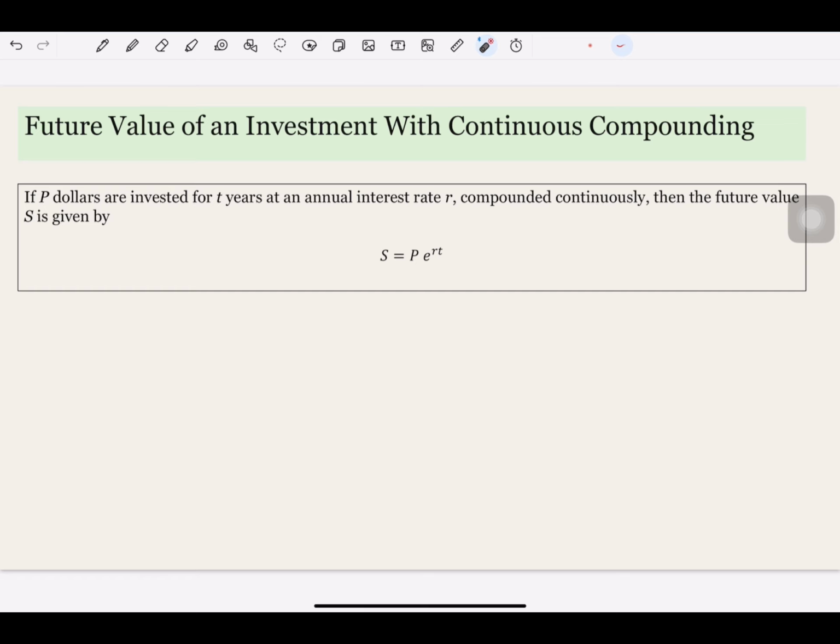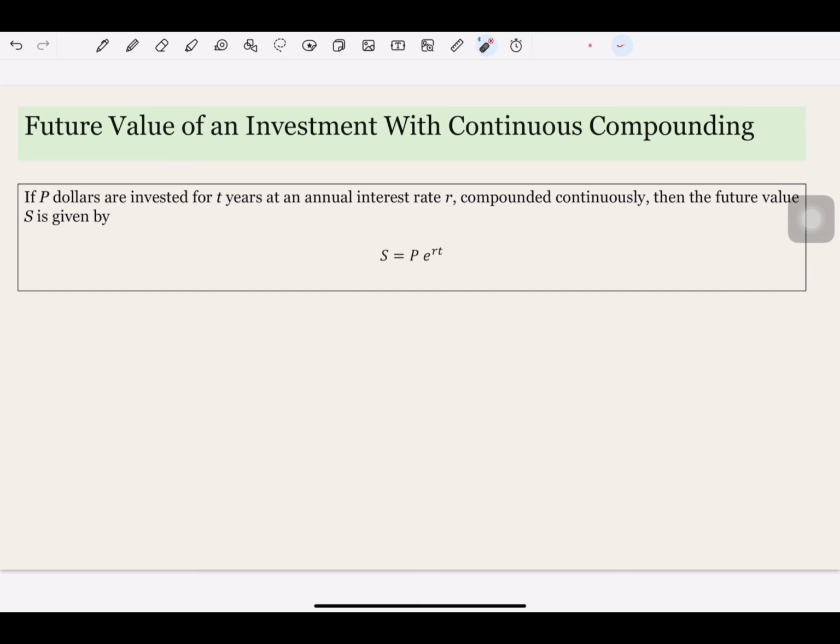Okay, so now let's talk about the future value of an investment with continuous compounding. When interest is compounded continuously, we use a special exponential formula that involves the number e, which is approximately 2.71828.